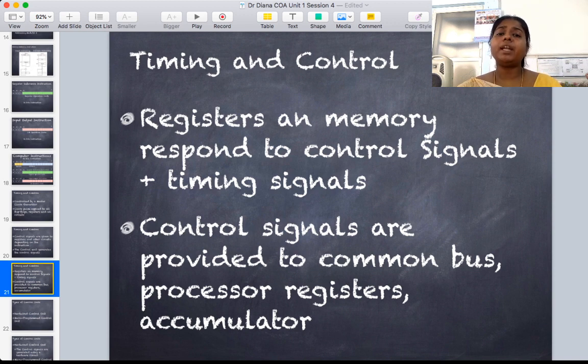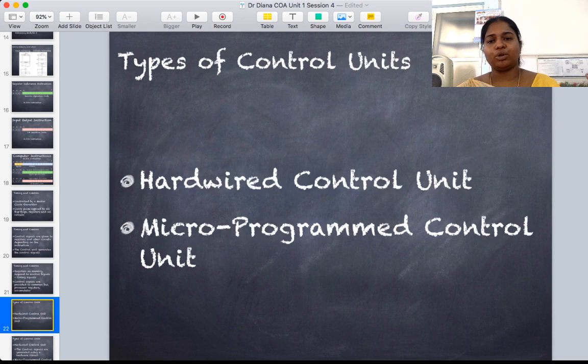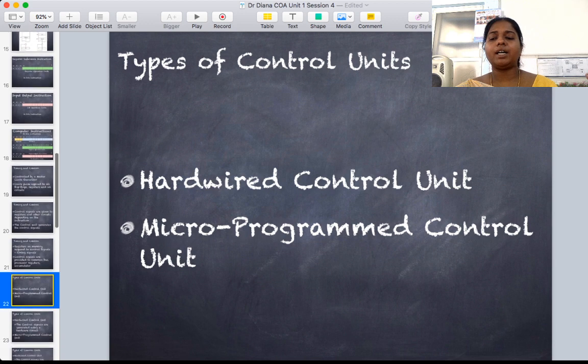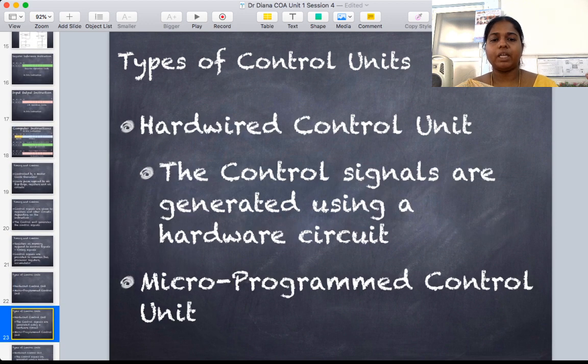Now, depending on how these control signals are generated, there are two types of control units. The first one is called a hardwired control unit, and the second one is called a microprogrammed control unit. In a hardwired control unit, the control signals are generated using a hardware circuit.